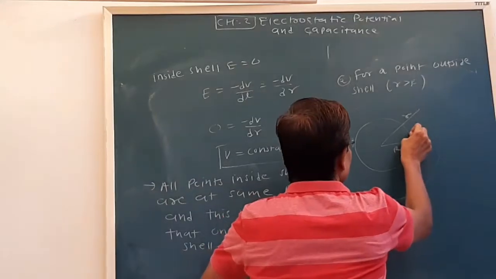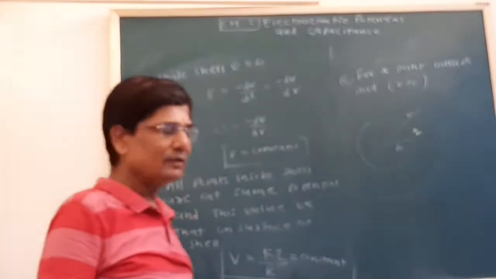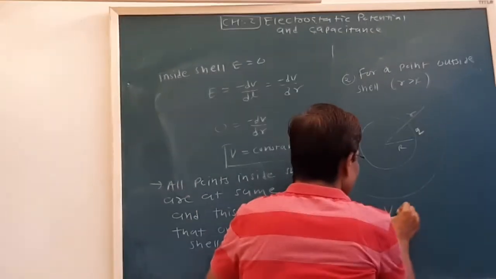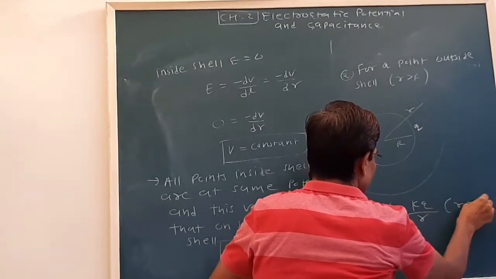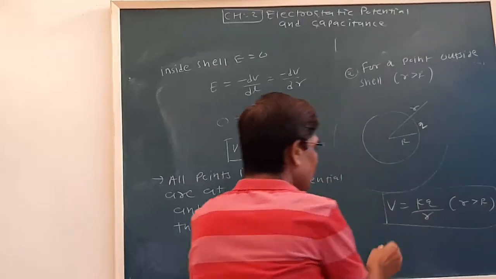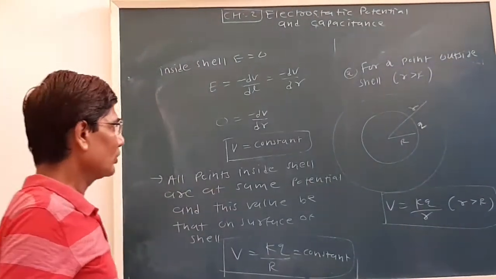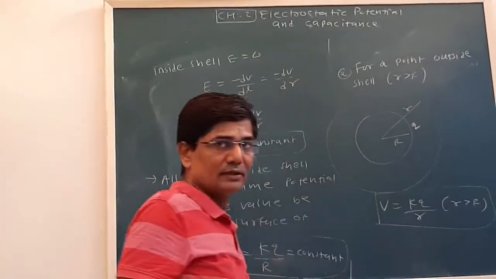What is the charge enclosed by the shell? That is Q. So we can write V is equal to KQ by r. So this is how we can obtain the electric potential at a point outside the shell.